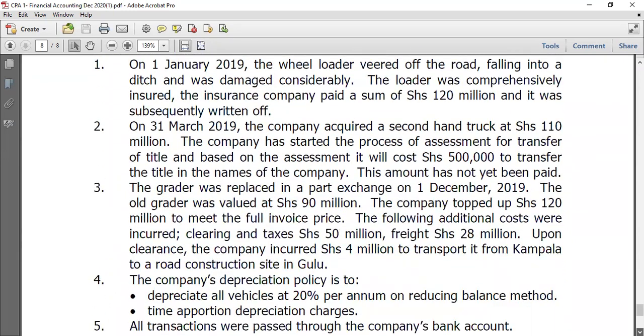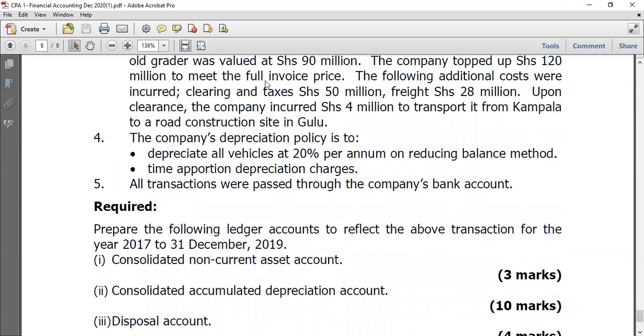Now, one of the things that you need to take into consideration, especially when you have such a question, is that the company's depreciation policy is to depreciate all vehicles at 20% per annum on reducing balance.